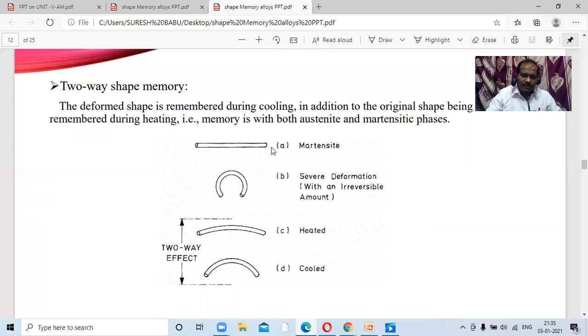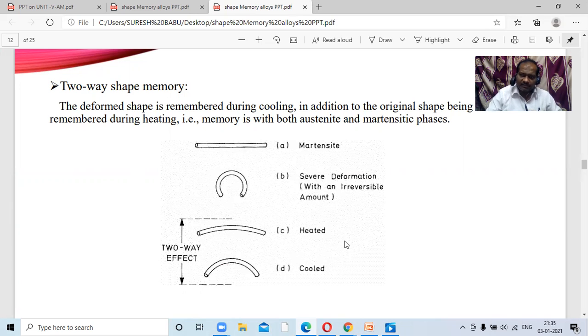You can observe this. Here martensite is there. One we have is the original one. When heating, we get a curve like this. That means this is a deformation. When heated, it tries to come to its original position. When cooled also, it gets another deformation.